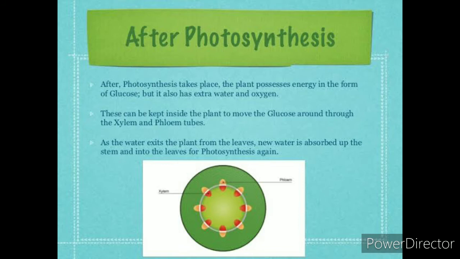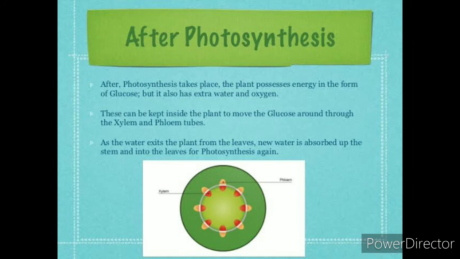Now we shall see a small experiment, and while you are doing that experiment, you would understand that the excess glucose is stored in the form of starch in leaves and stems, etc. So what is that?